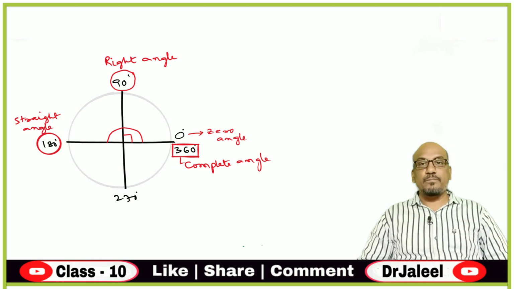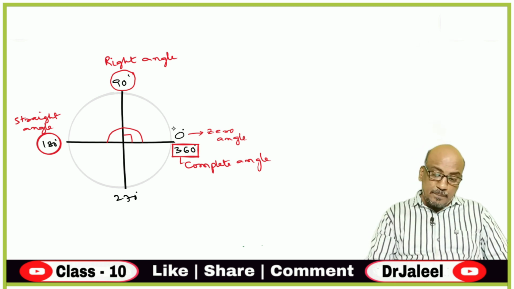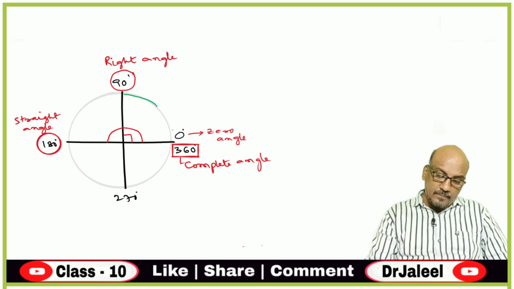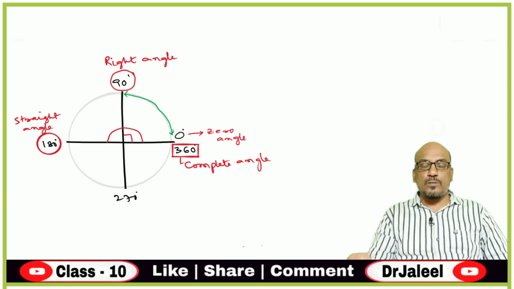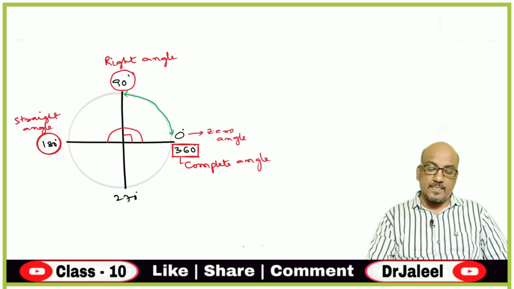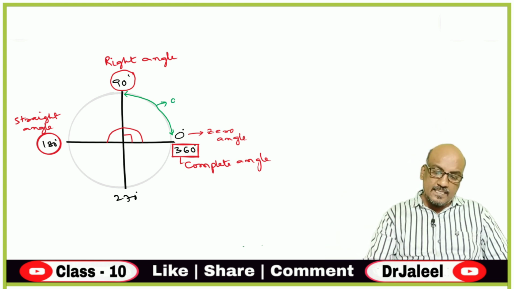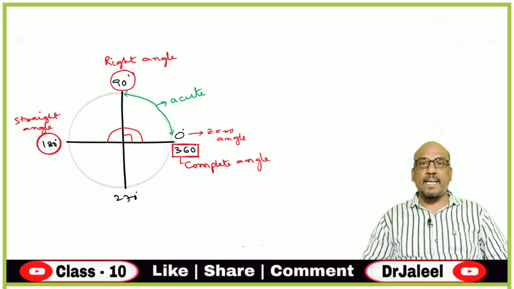So children, when the angle is between 0 and 90, when it is either 1, 2, 3, 4 to 89, whatever it is, we call this angle as acute angle. Acute means the angle between 0 and 90 degrees.